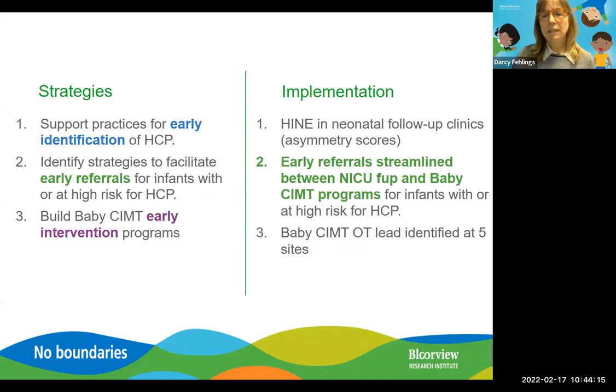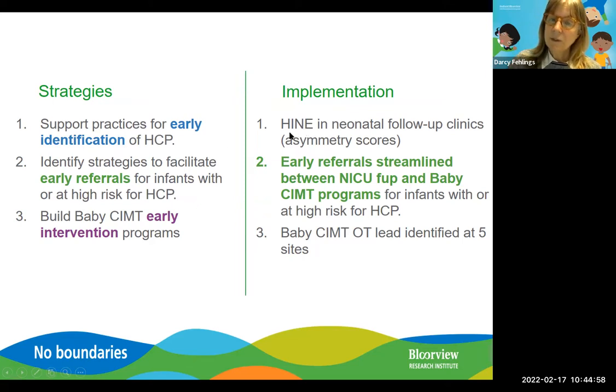So what strategies did we decide to embark on to move baby constraint forward in the province of Ontario? We identified 3 strategies. One, to support the early identification of hemiplegic cerebral palsy. This strategy was linked to introducing the Hammersmith Infant Neurologic Examination into neonatal follow-up clinics early, before 3 months of age.